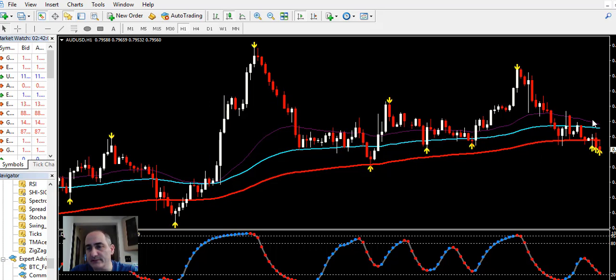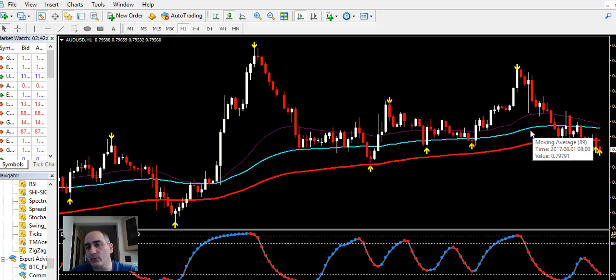What I'm going to try to determine here is the trend on the 1-hour chart. I'm always on the H1 chart. When the purple line is above the other two, then I'm going to look for buys. I'm going to look to go long. And when it's below the other two, then I'm going to look to sell short or short the market.